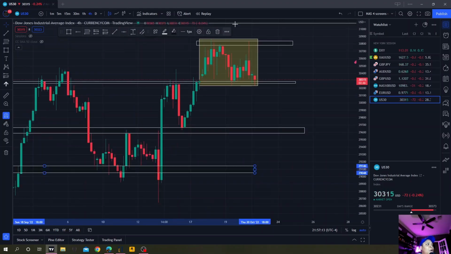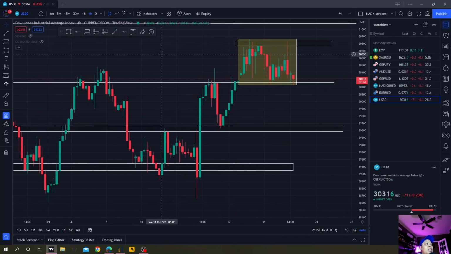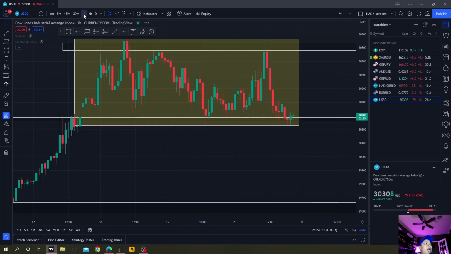The 4 hour, I'm looking at the 4 hour. I have my support here, and I have my resistance and support drawn at these levels. And I'm going to drop down to the 1 hour chart and notice the range.